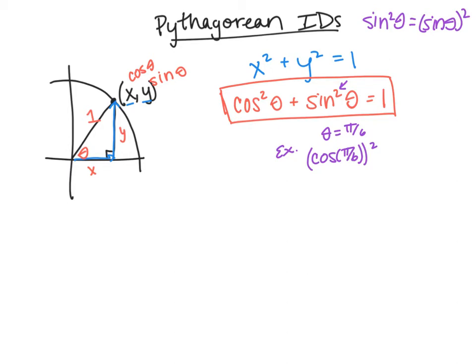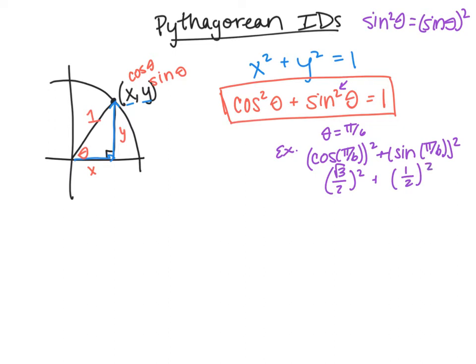Anyway, if we look at cosine of pi over 6 squared plus sine of pi over 6 squared, let's see what it equals. Using our unit circle, we know cosine of pi over 6 is root 3 over 2. We know sine of pi over 6 is 1/2.